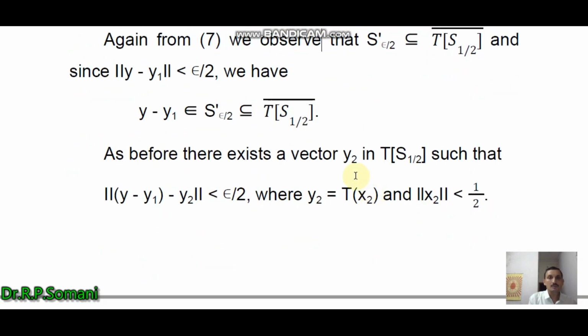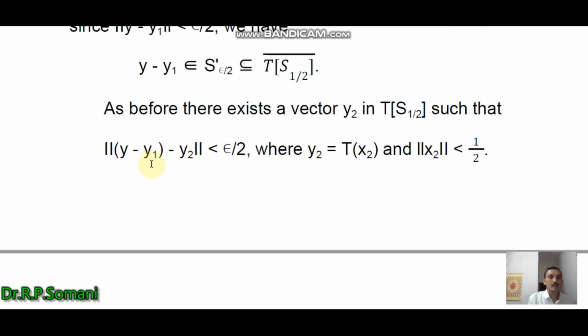So as before, there exists y2 in this T S half such that norm of the y minus y1 minus y2 is less than epsilon by 2, where y2 equals T x2 and norm of the x2 is less than 1 by 2.